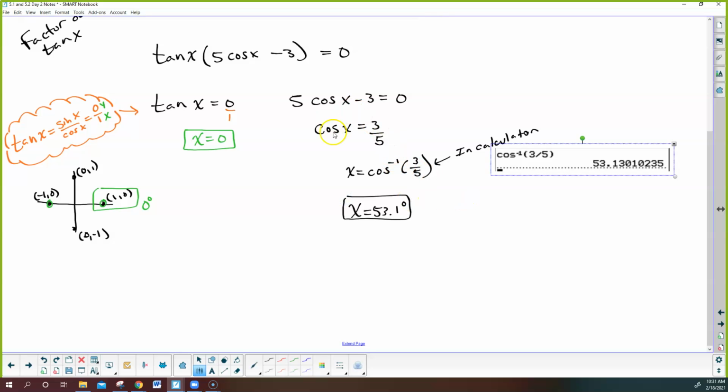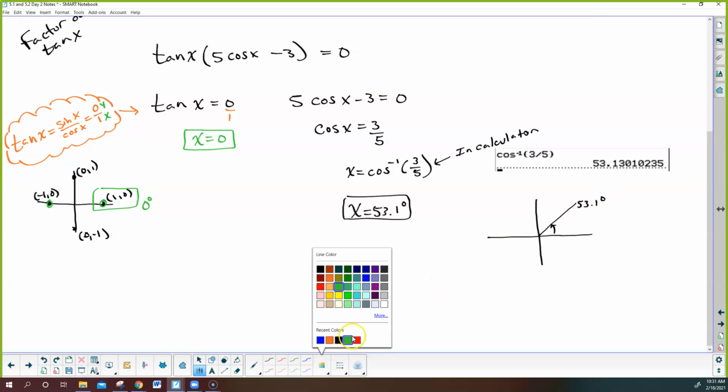However, where else is cosine positive? Remember, cosine is the x value. So when is the x value positive? Anytime we move to the right.